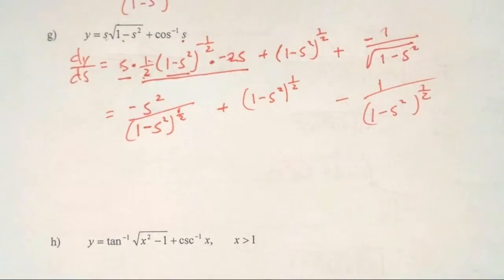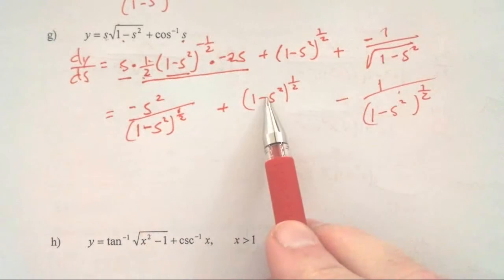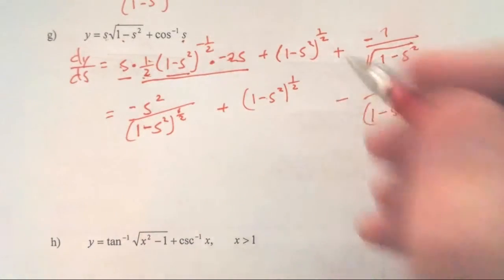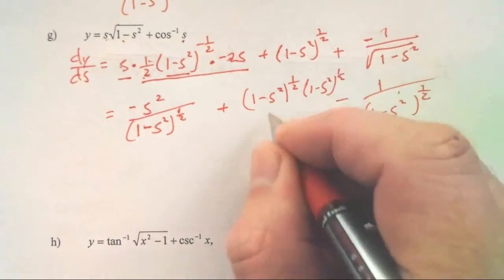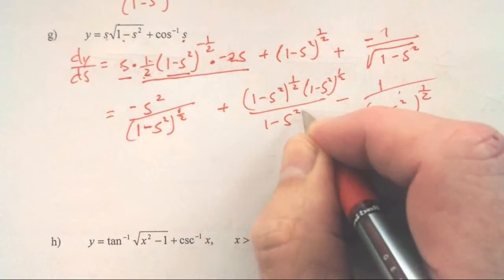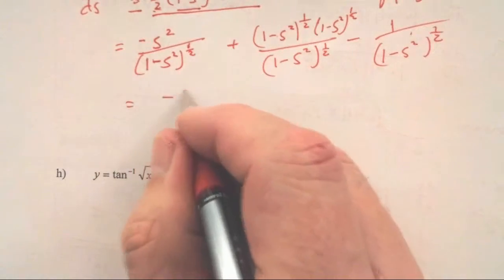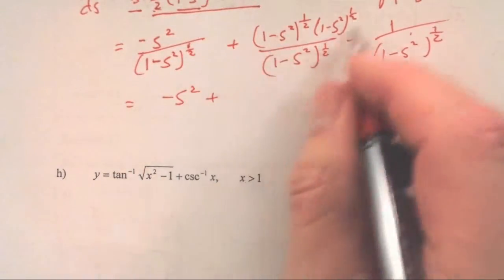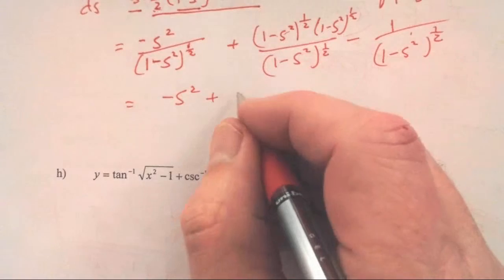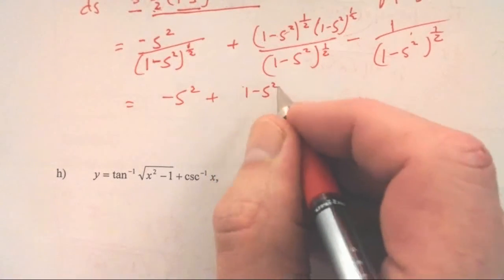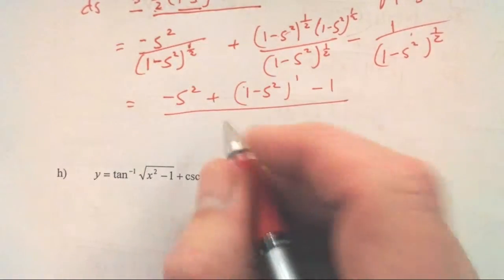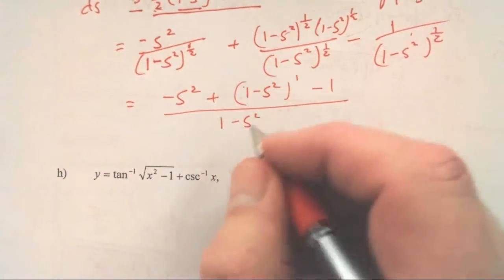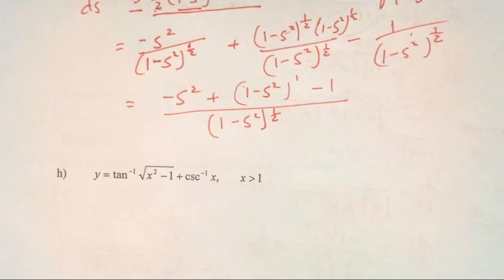All of a sudden I look at that and think, common denominators, and it wouldn't be too bad to get a common denominator if I multiply this by another 1 minus s squared to the 1/2 on 1 minus s squared to the 1/2. I get negative s squared plus 1 minus s squared to the positive first, minus 1, all on 1 minus s squared to the 1/2.